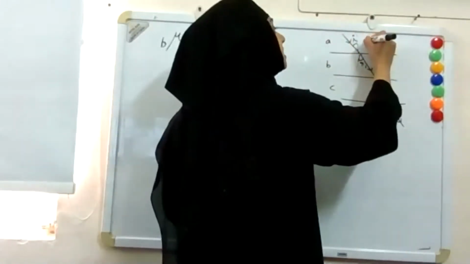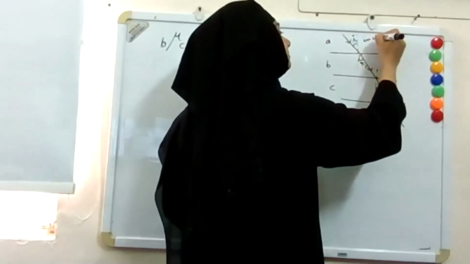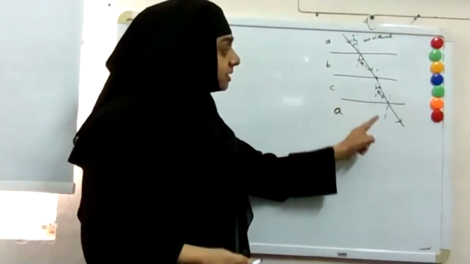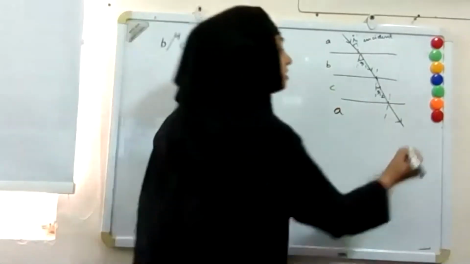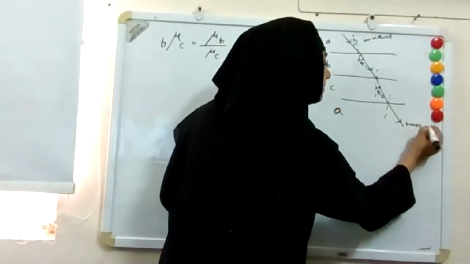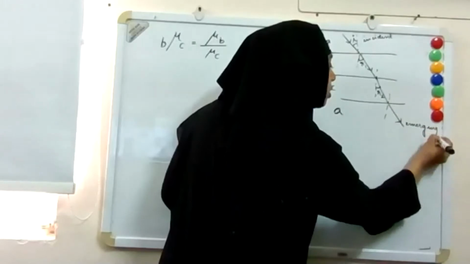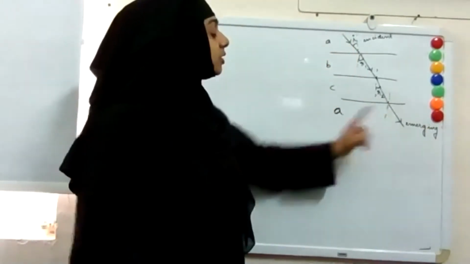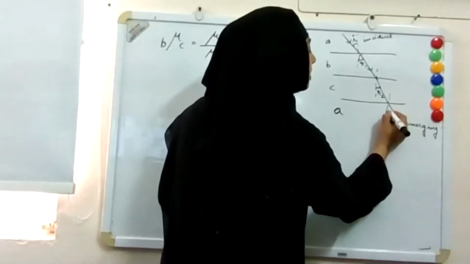This is called the incident light. After passing through two medium, it is emerging out. Always the angle of incidence will be equal to the angle of emergence.